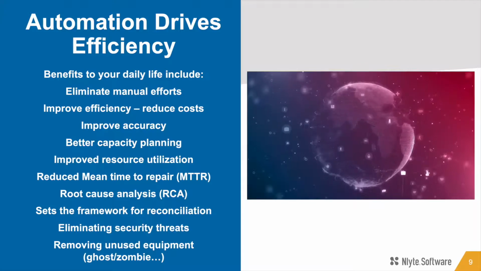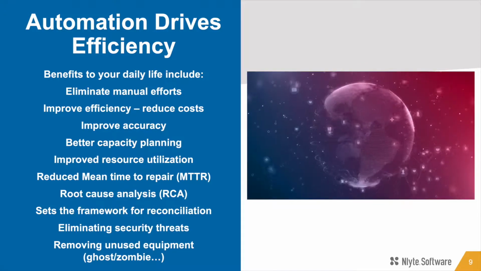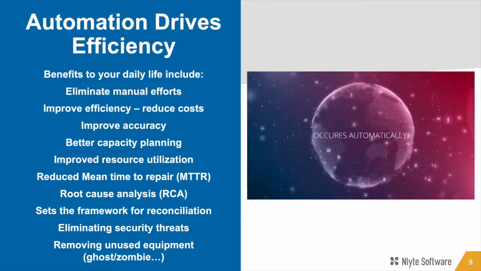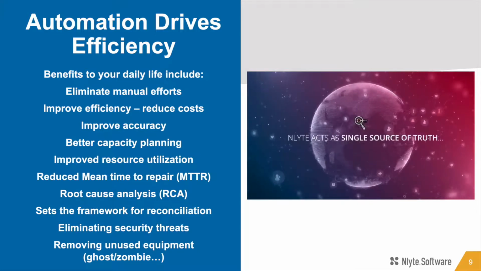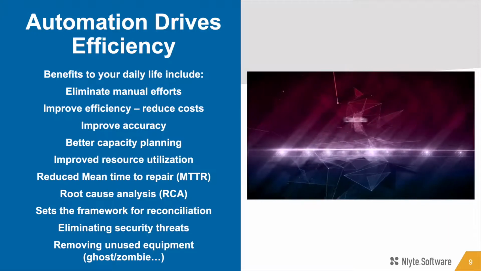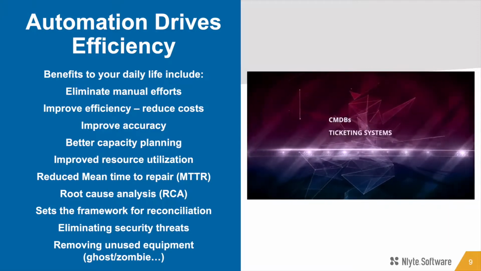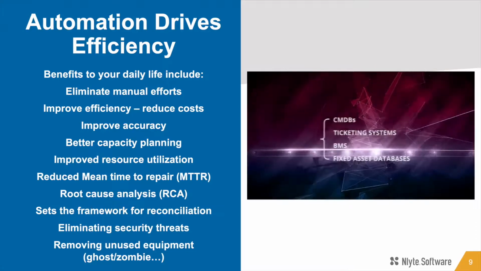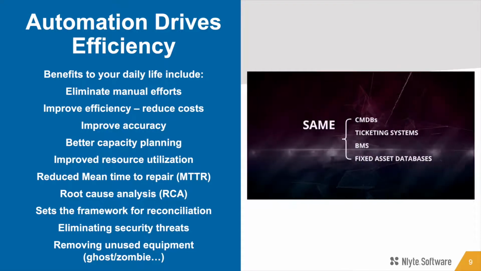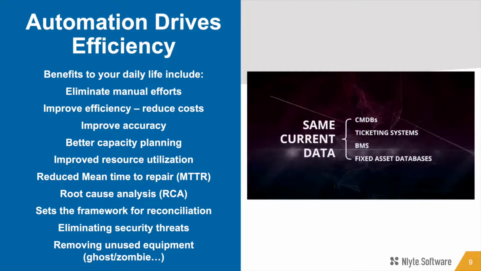You have improved resource utilization because you can get more specific as to how you manage those particular resources. You reduce the mean time to repair while helping with root cause analysis anytime there are any particular issues that occur. You're setting the framework for reconciliation on any issues that do occur.